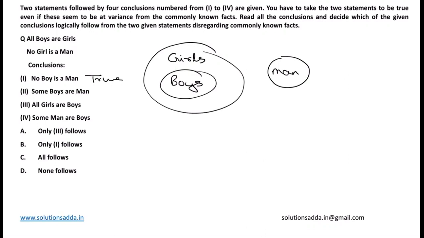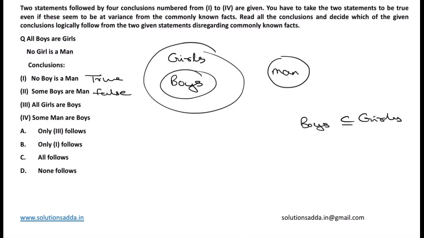Some boys are men. Since no boy is a man is true, therefore it is not possible that some boys are men. Therefore this is a false statement because both are contradictory of each other. All girls are boys. We observe that boys is a subset of girls.